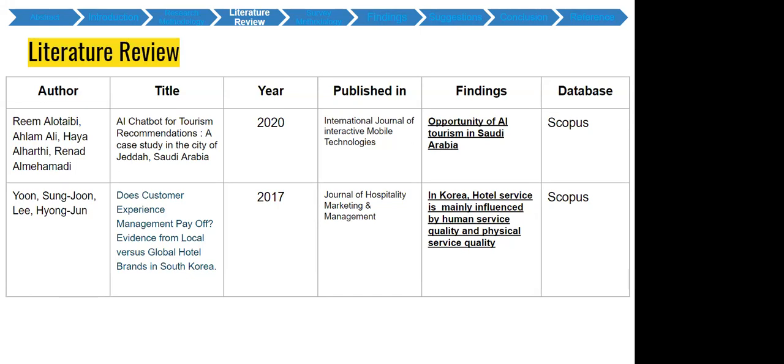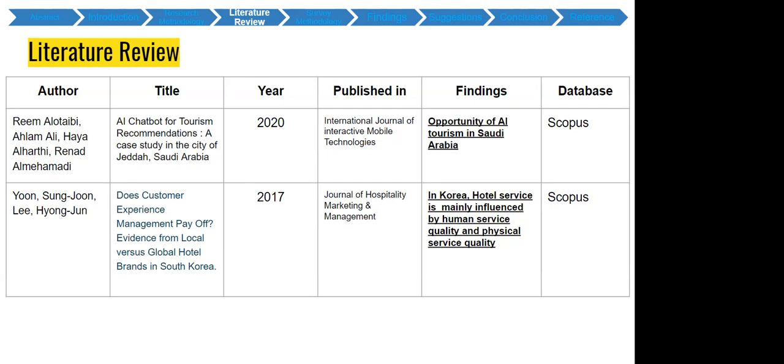So next article says Customer experience management payoff: evidence from local versus global hotel brand in South Korea. This was also an interesting article. The author compared local and global hotel brands in South Korea and the reactions of the customers. And we have found out that in Korea, hotel service is mainly influenced by human service quality and physical service quality.